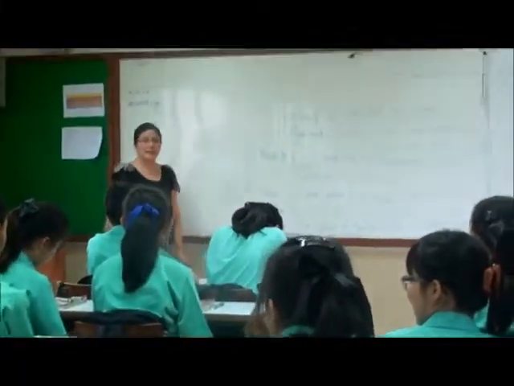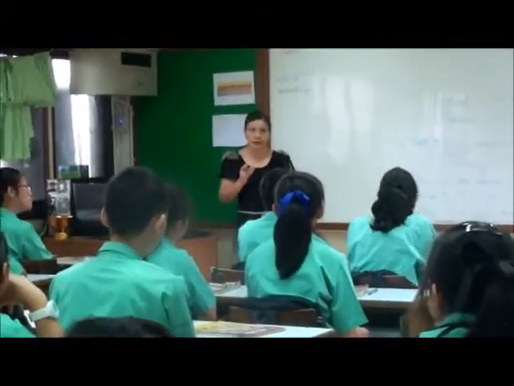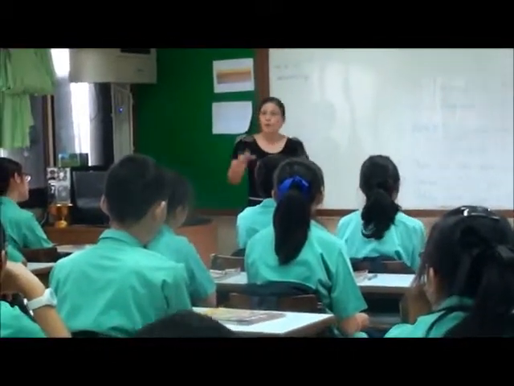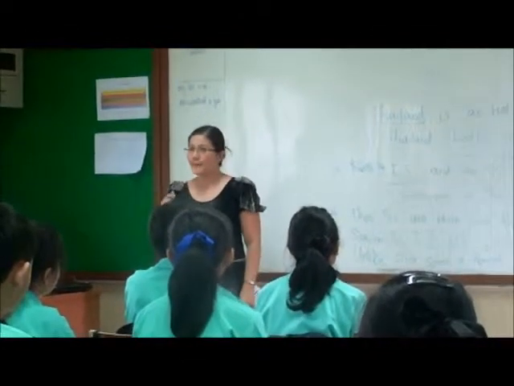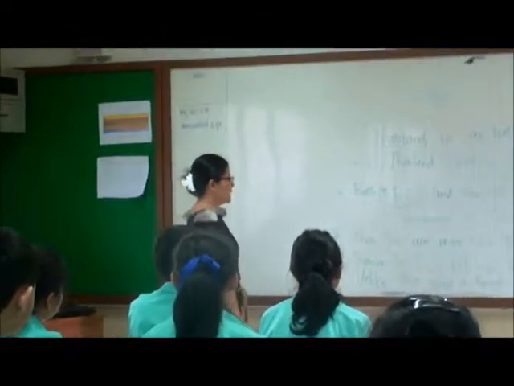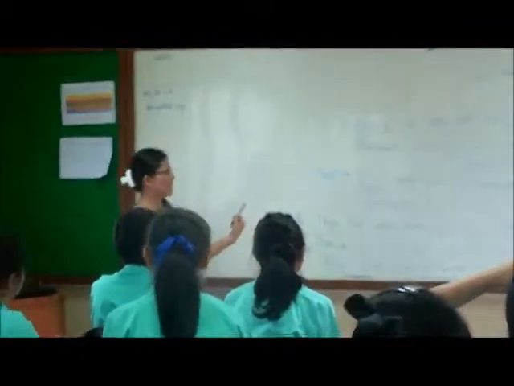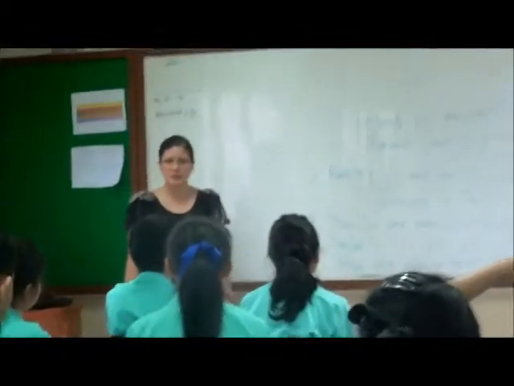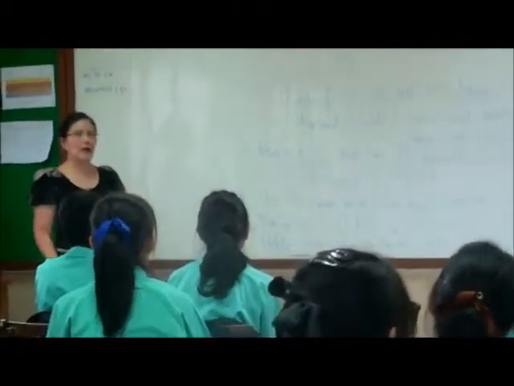Notice also that there are specific vocabulary, specific words that we use when we compare or contrast things. Okay, example number 1. Can you identify which word I use to compare Thailand and Laos?